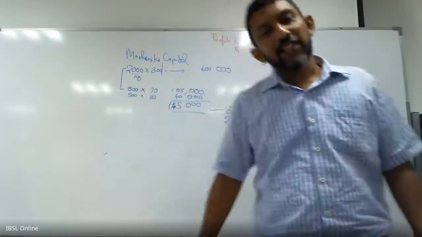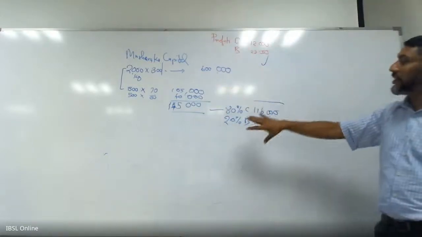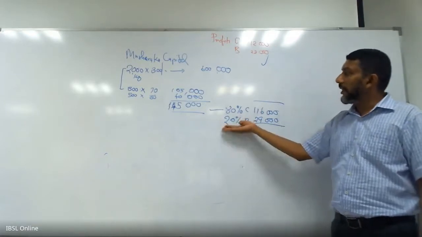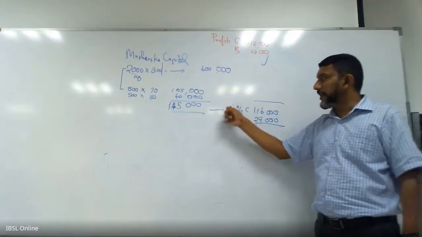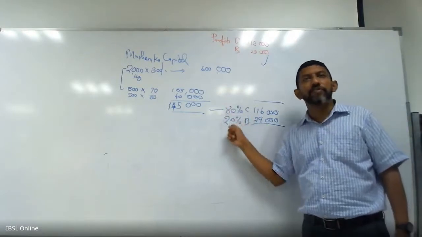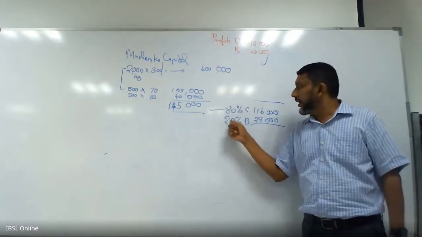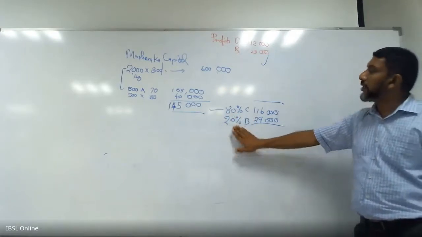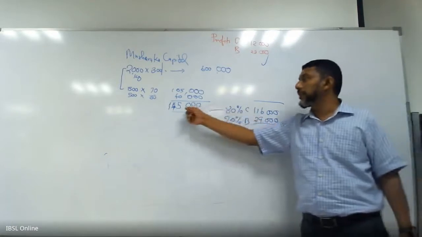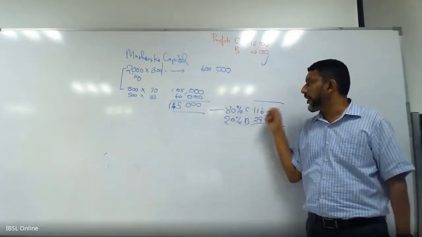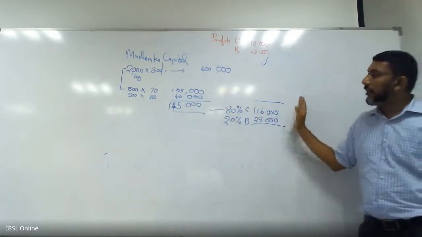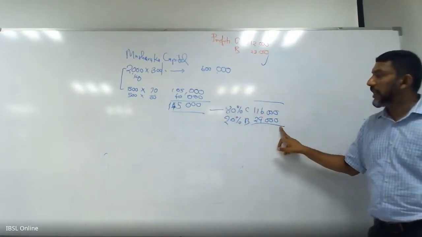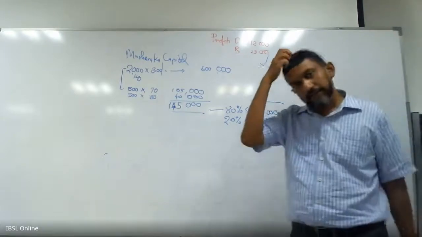So the question gives another ratio, which is 80-20, different from our previous calculation, which was 85-15. So the question says, now calculate and distribute profit according to the new ratio. If you do that, we will get 116,000 and 29,000, right?